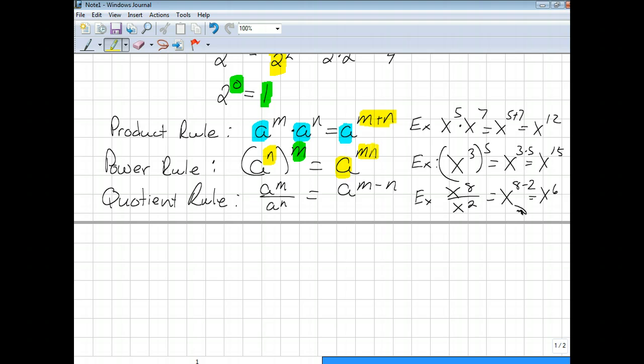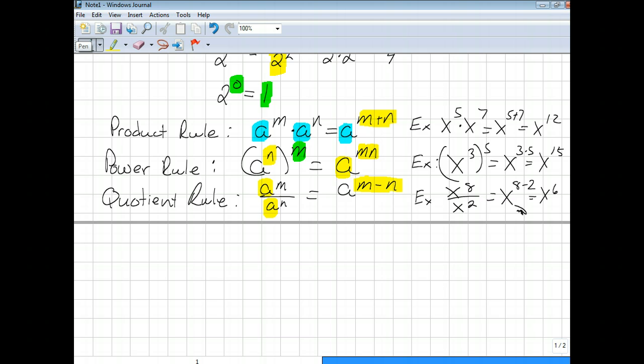Okay? And then the quotient rule, when you have a base to a power divided by a base to a power, notice it has to be the same base. Then you subtract the exponents. Okay? So that's what we know so far about exponents.